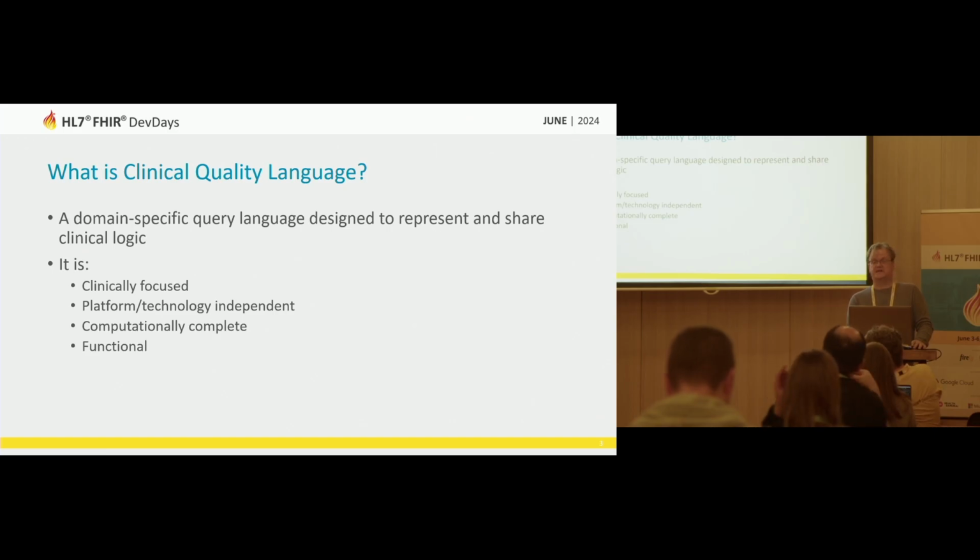It's platform and technology independent. It doesn't care what your platform is or where it's running. It's intentionally independent of those concerns. It's computationally complete. It has a full suite of operations for string, quantity, relational, and list manipulation. And it's pure functional. It does not allow updating. It only computes.